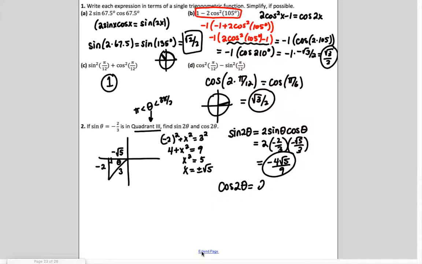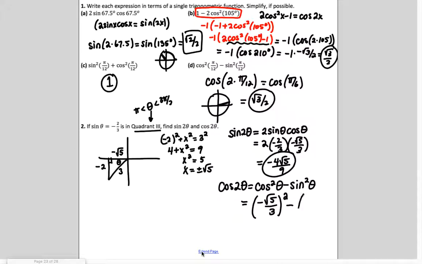Making sense? So then I go through the same thing with cosine of 2 theta. So I do cosine squared, that's one I remember, minus sine squared. Okay. So I have cosine of theta. We said that was the adjacent over hypotenuse, the negative root 5 over 3. So I'm going to square it.